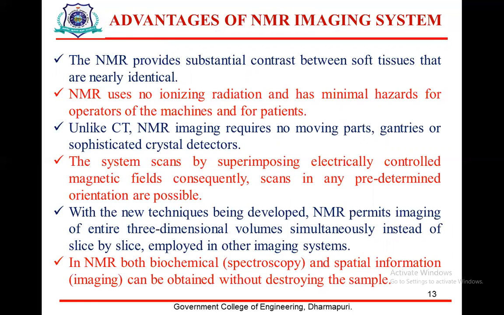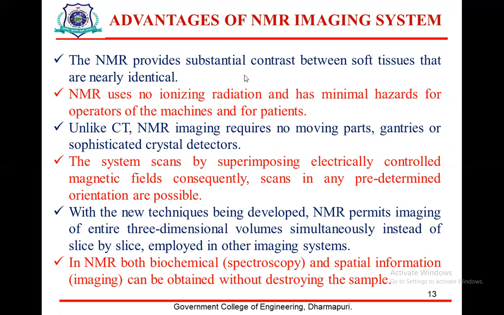It provides substantial contrast between soft tissues that are nearly identical. No ionizing radiation is involved, and it has minimum hazards for operators of the machines and for patients. Like CT, NMR imaging requires no moving parts. The system scans by superimposing electrically controlled magnetic fields; consequently, scans in any predetermined orientation are possible.